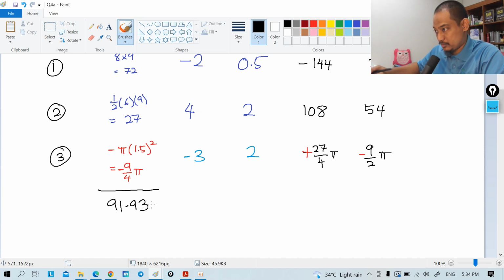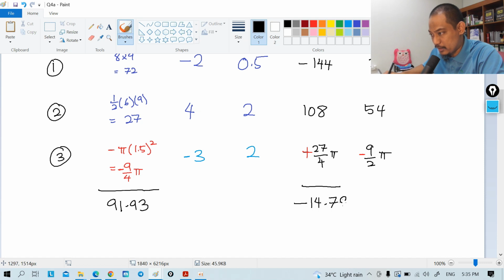Next, minus 144 plus 108 plus 27 divided by 4 times pi, that is minus 14.79.